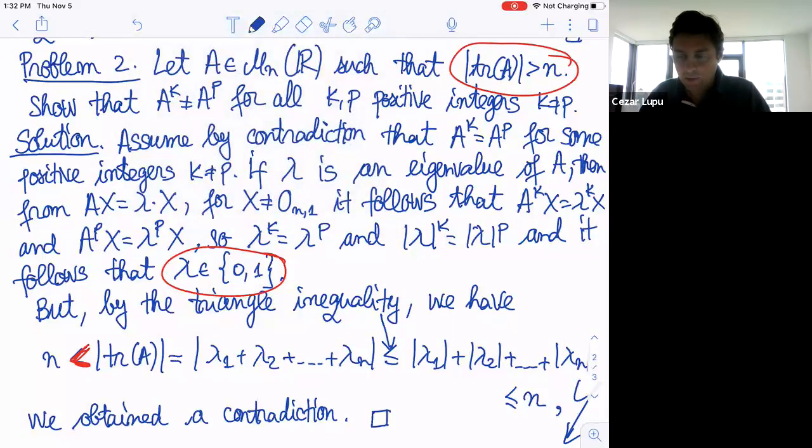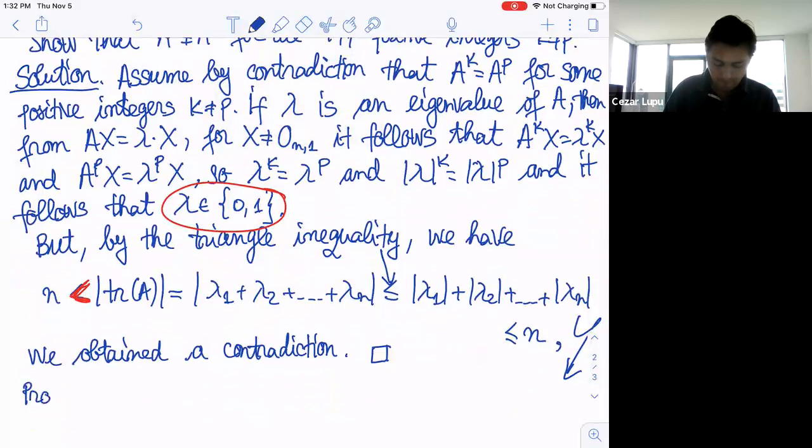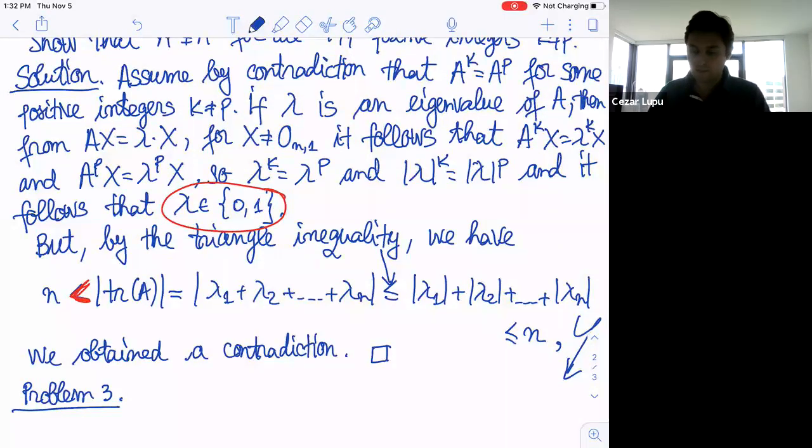Anyway, now let me do another problem. And in fact, this is problem 28. So let's see problem 3. And in fact, here we will use some of the notions that we learned. I would like to do this. This is a very nice problem. The problem says the following.